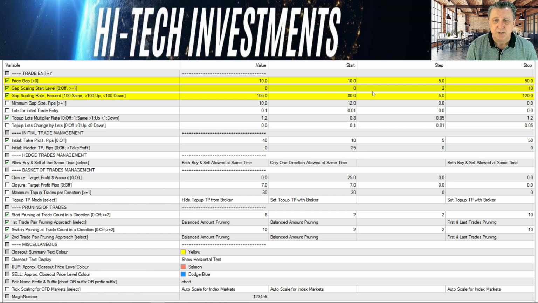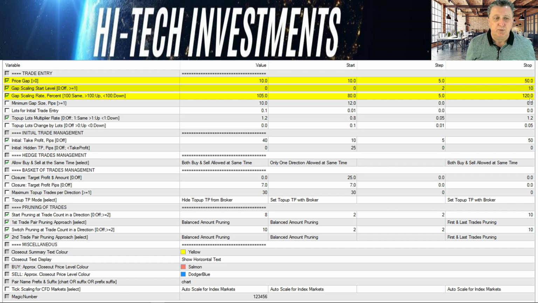And again, you can see the numbers, even the scaling start level. We are starting at 0 with the steps of 2 and then goes up to 10. Same here, gap scaling rate. We start off with 80. So that means actually a decrease, and then all the way up to 120, which is then the increase.